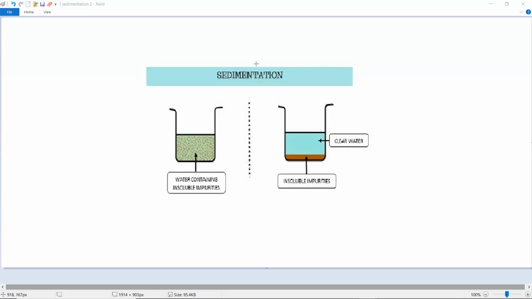The solid which settles at the bottom is called sediment, while the clear liquid above it is called supernatant liquid.